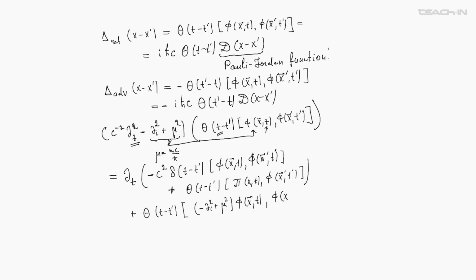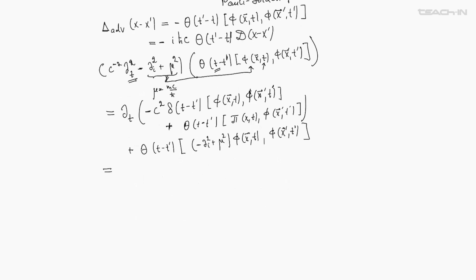Now we have to continue and act with the remaining time derivative on the result inside the brackets. But before doing that, we know the following: because of the delta function here, we would have a non-trivial result only when t is equal to t prime.